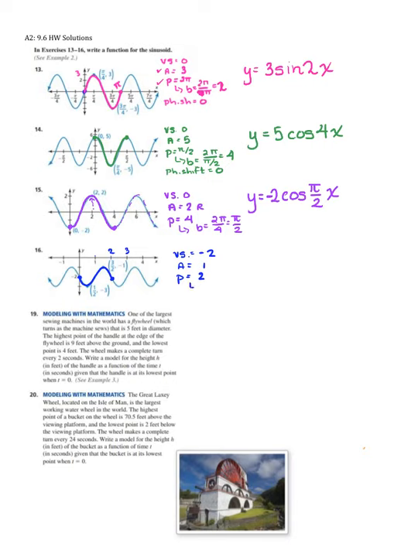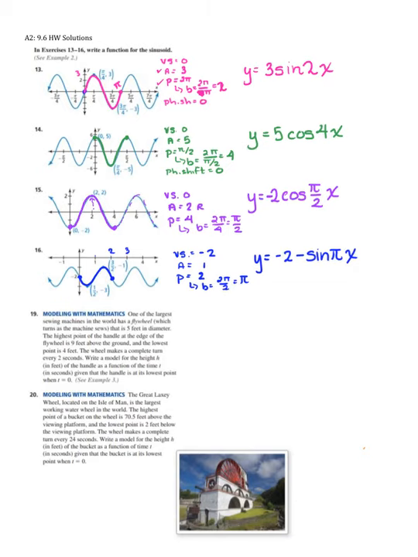That means that the b value is going to be 2 pi divided by 2, which is just pi. And then we're still starting at 0, so I don't have a phase shift. So y equals -2. We are reflected, so it's going to be minus sine pi x.